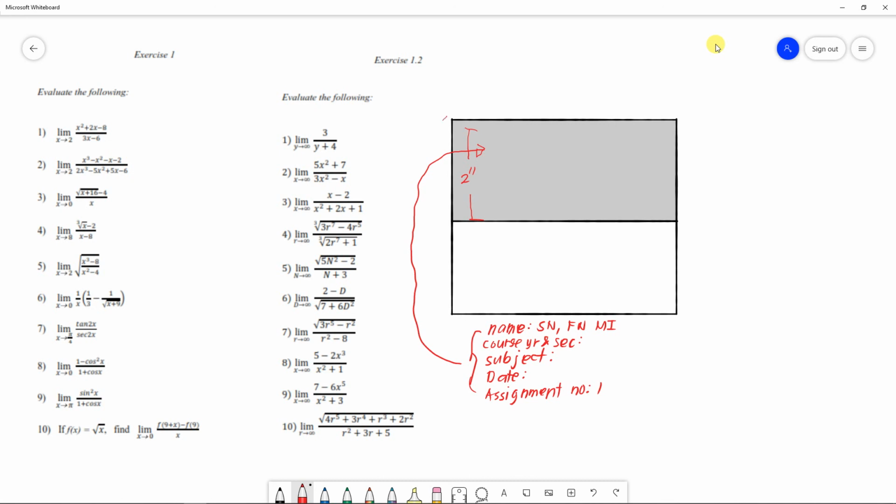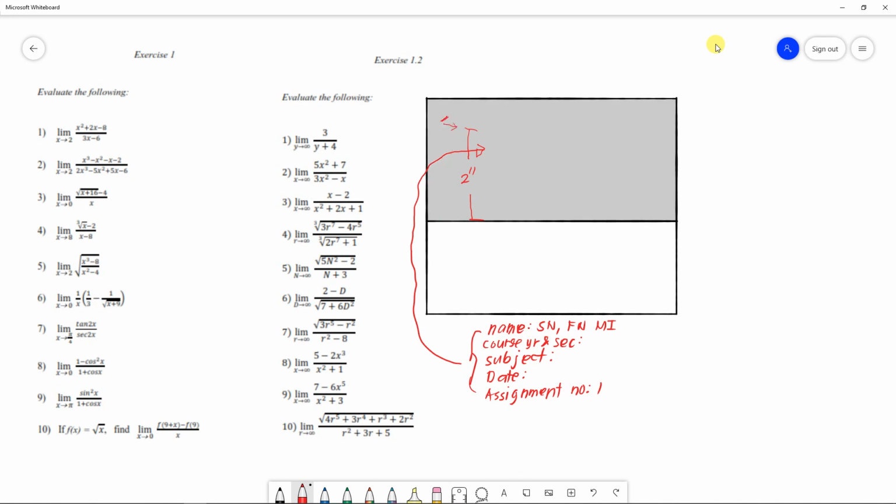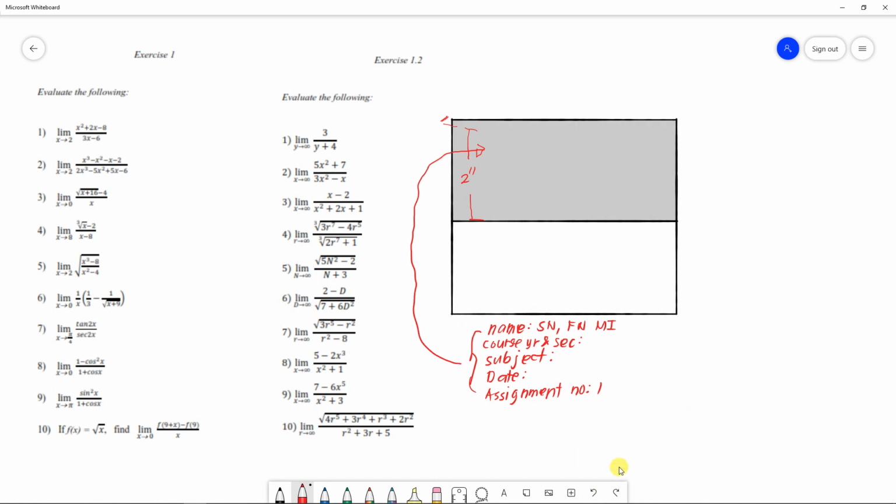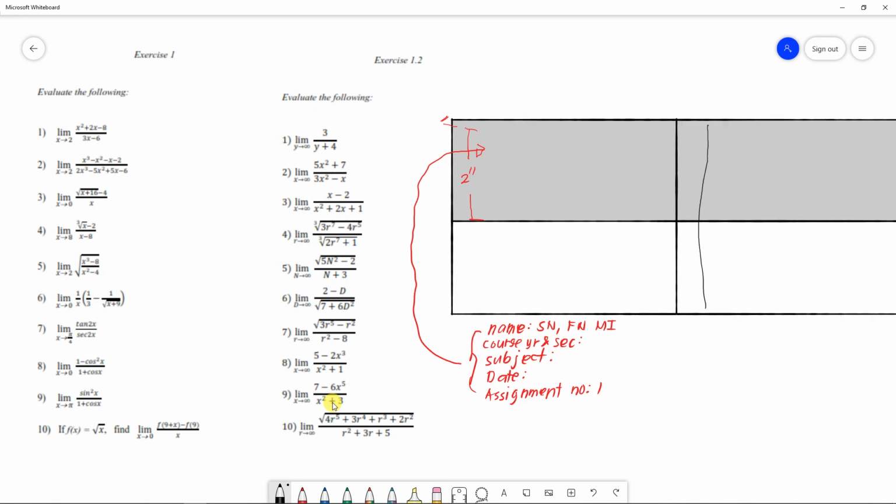Dito yung stapler niyan. Pagka-staple nyo dyan, at the back of your paper, yung likod.